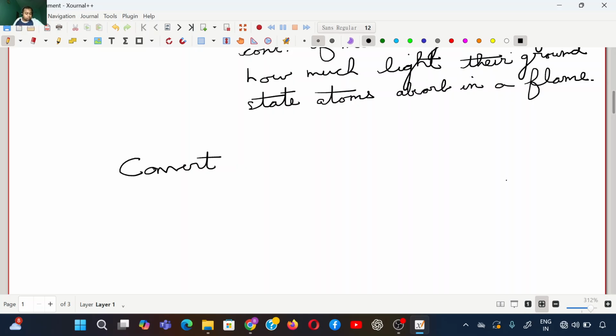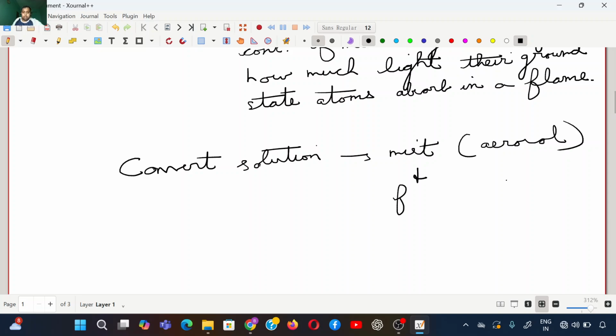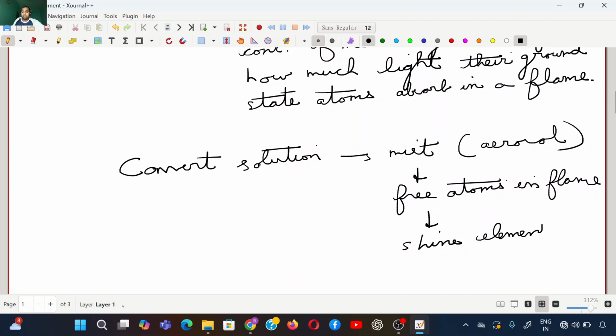If I were to put it in terms of a flow chart, you have the solution, for instance, an arsenic groundwater solution. Convert it into a mist. Then you introduce it into the flame to release free atoms. On top of that, you shine your radiation, but that radiation should be element specific.